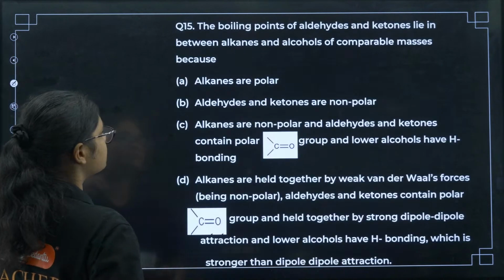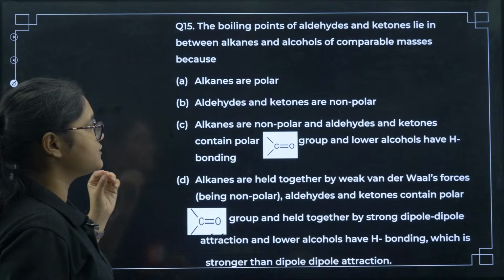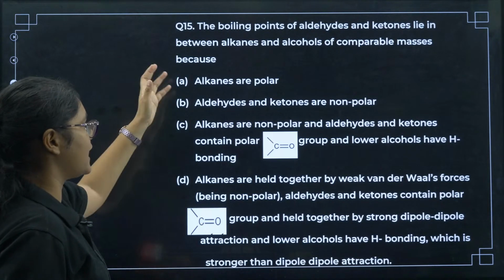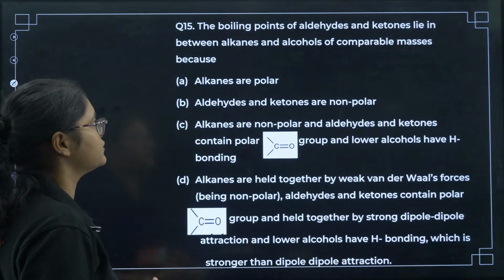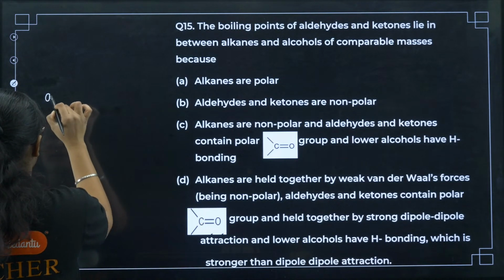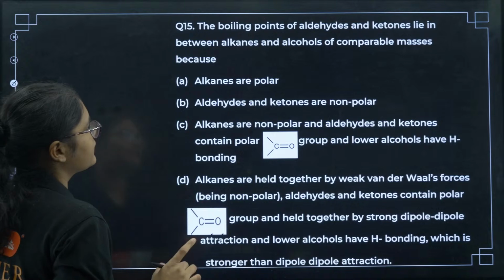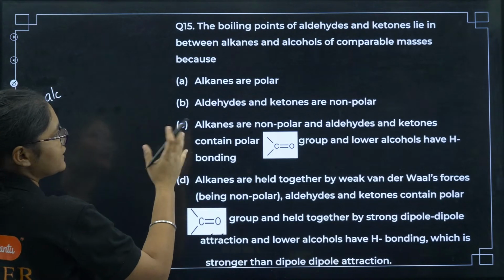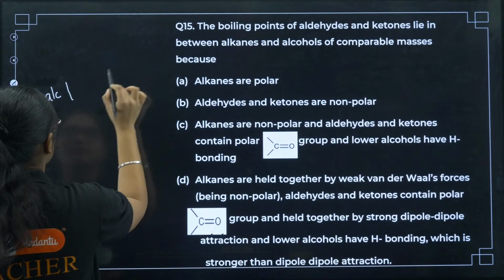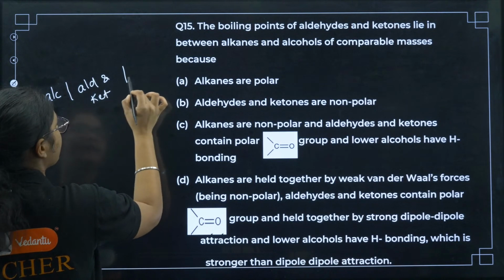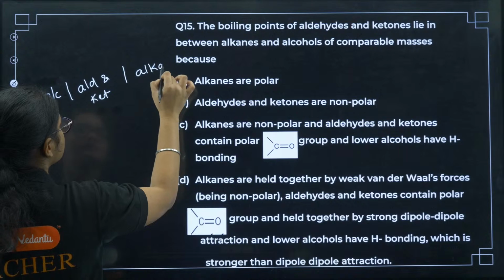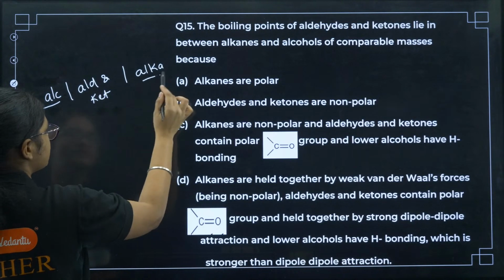Okay, next question number 15. The boiling points of aldehydes and ketones lie in between alkanes and alcohols of comparable masses because, okay. So alcohols are there, and in between we have aldehydes and ketones, and then we have alkanes. So why do they lie between alcohols and alkanes?